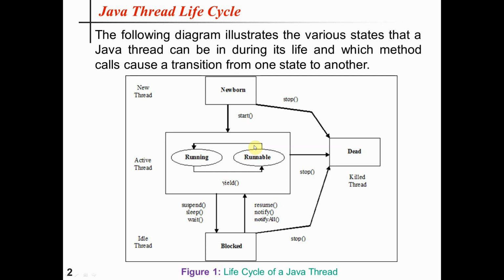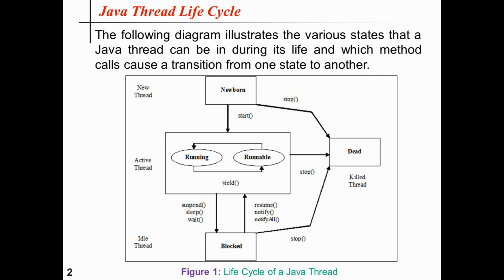Now comes the second state, that is called the runnable or ready to run state. A newborn thread moves to runnable or ready to run state with a call to the start method that we have written in the constructor of the class that we have defined earlier. Whether I am creating the class by extending the Thread class or by implementing the Runnable interface, you must provide a call to the start method within the body of its constructor.